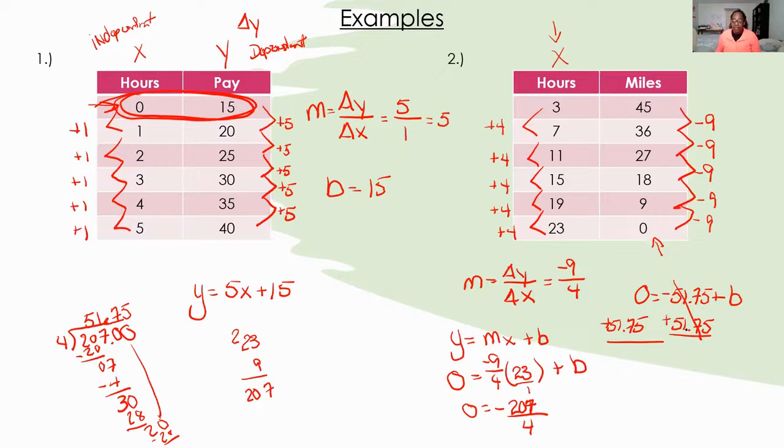So my equation for all of this is going to be y equals my slope, which is negative 9/4, x plus 51.75. So in a way, if I think of this as miles per hour, starting at 0 hours, the person probably started like 51.75 miles away from wherever they needed to get to.